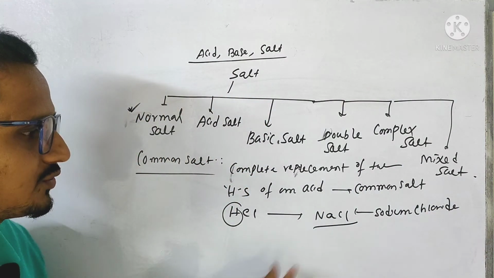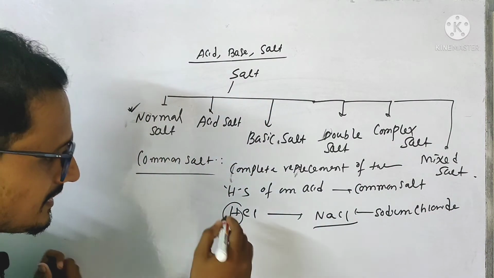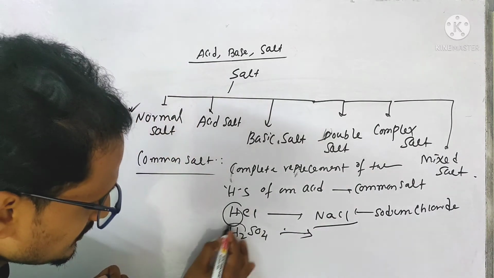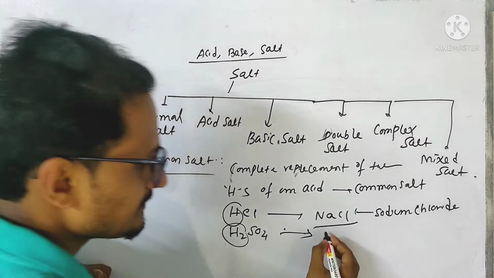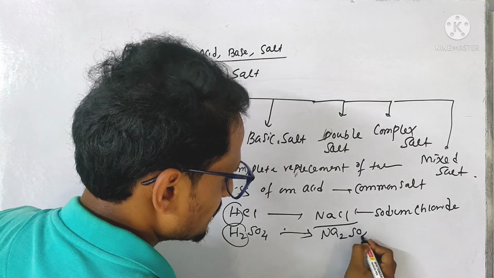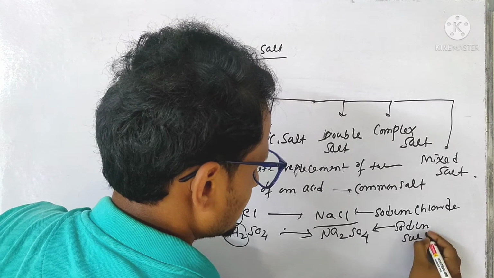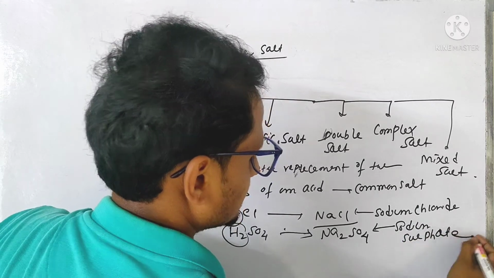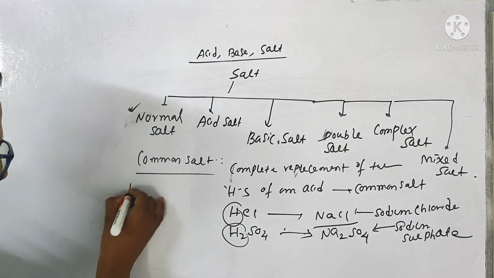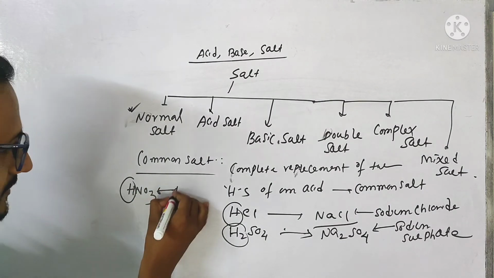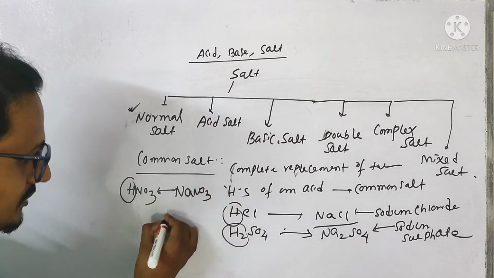This salt we are using in our daily life. Now if sulfuric acid, H2SO4, has its two hydrogens completely replaced by two sodium ions, then sodium sulfate forms, which is also a common salt. Nitric acid, HNO3: if this hydrogen is completely replaced by sodium, then it will form NaNO3, sodium nitrate.